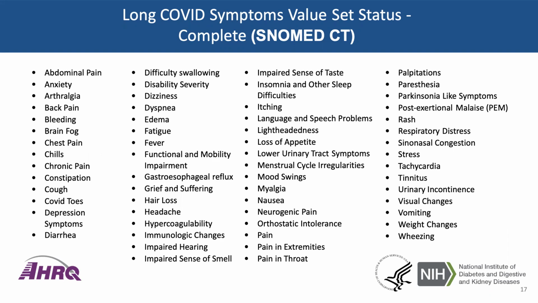If you have any feedback on that, we would always appreciate it. This is a dynamic process, and the value sets can be updated as and when needed for next year or so. So if you feel that something is missing, your feedback is extremely helpful, and we would really appreciate it.